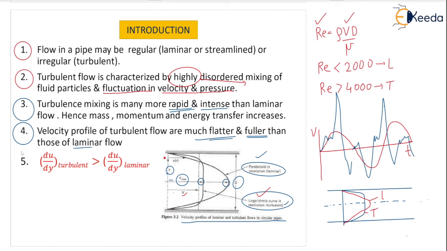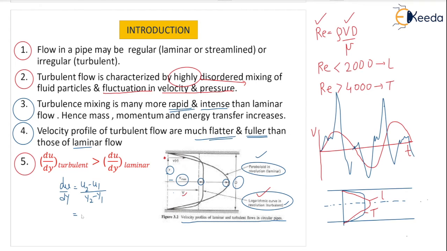Now the last point, which is very important, fifth point, du by dy, velocity gradient. Sir, how to write du by dy? Du by dy is nothing but u2 minus u1. Look at this: u2 minus u1 by y2 minus y1. Correct.